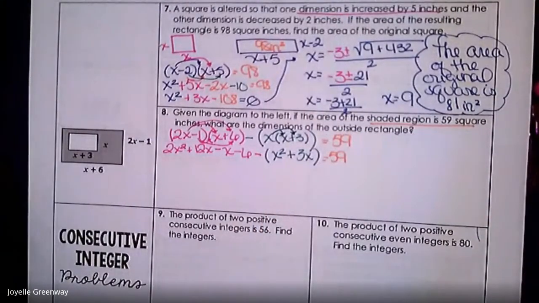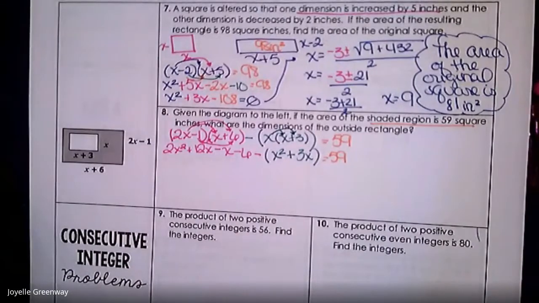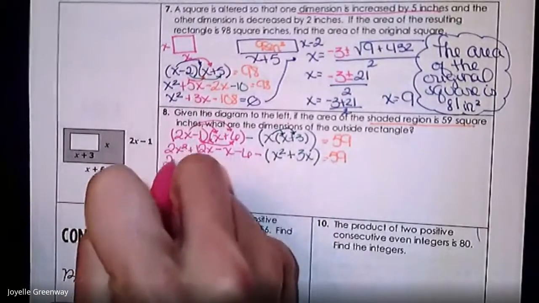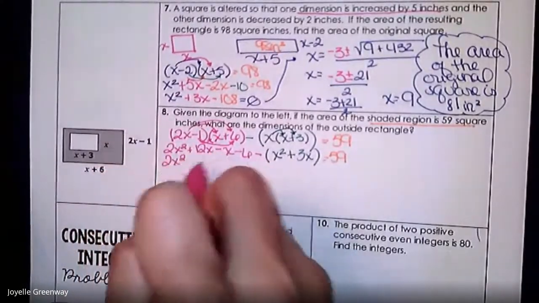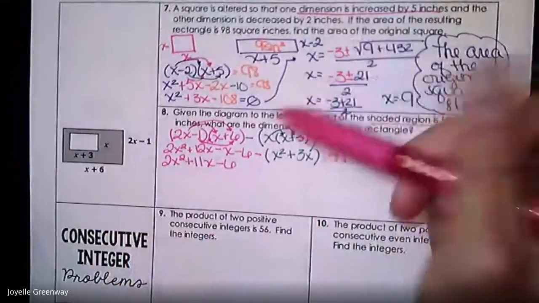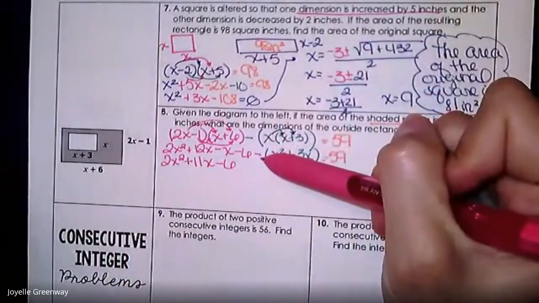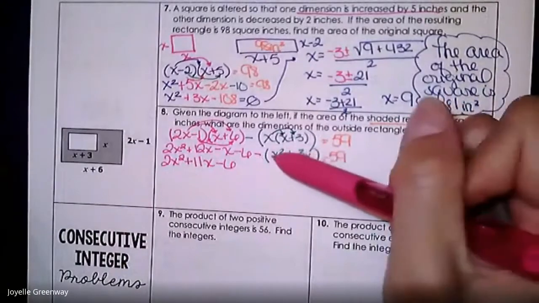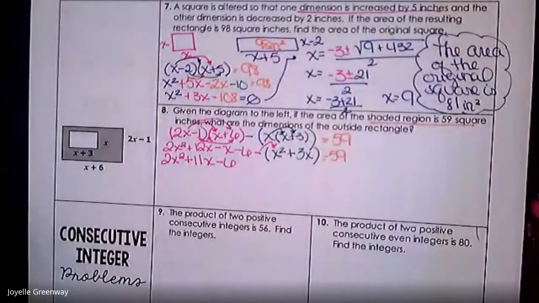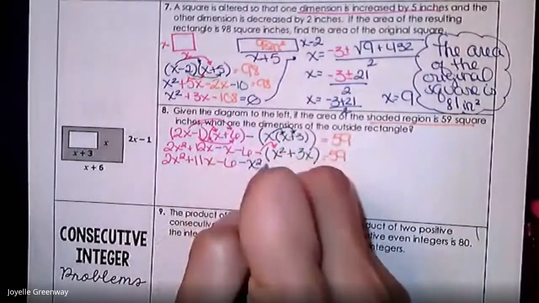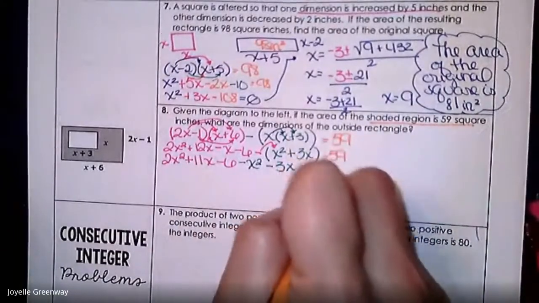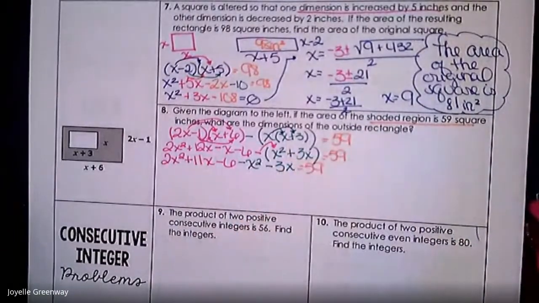Okay, so now I can continue to simplify. So I have 2x squared, and then 12x minus x is 11x minus 6. Now, don't forget, this subtraction goes to both of the terms inside here. So minus x squared minus 3x equals 59. Almost done.